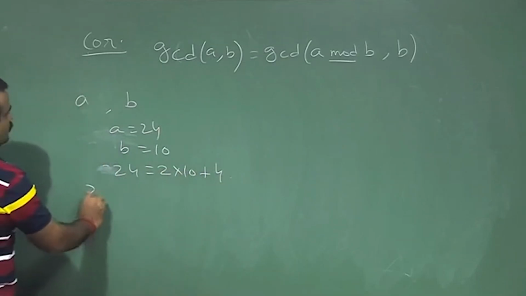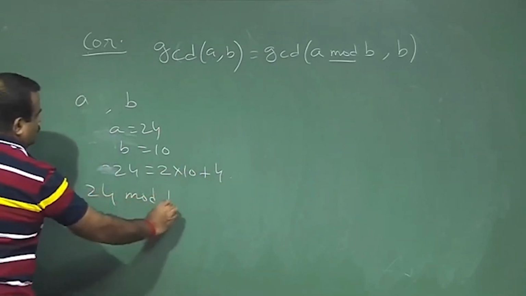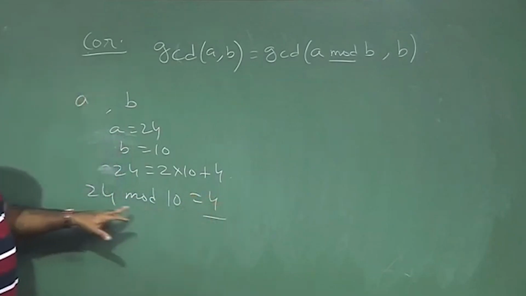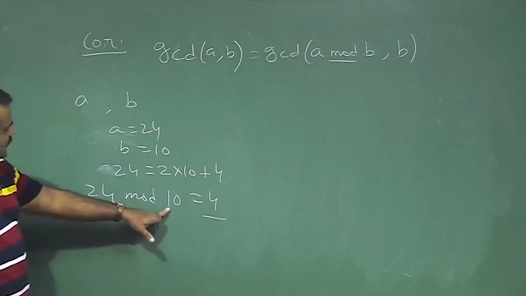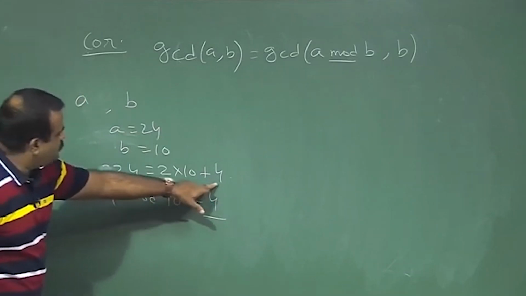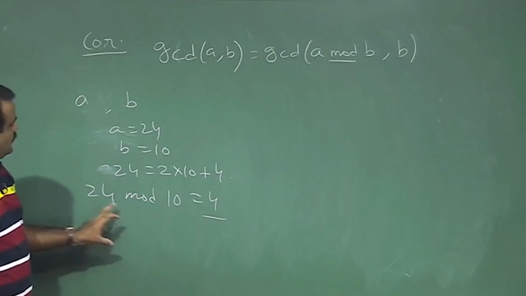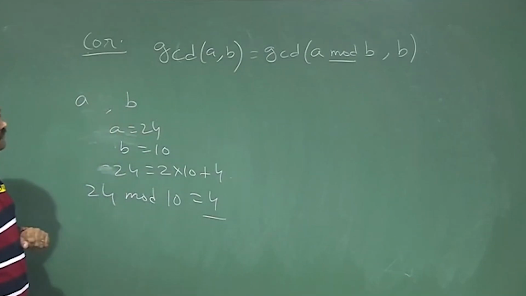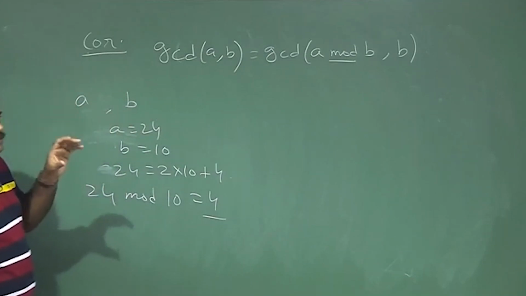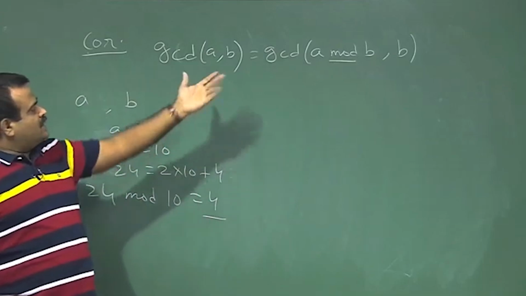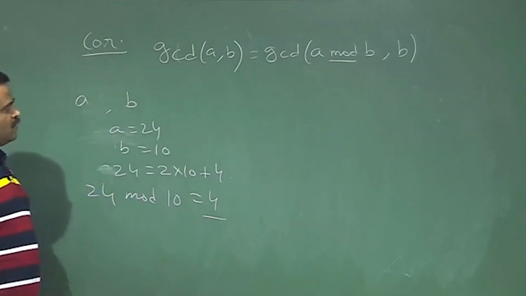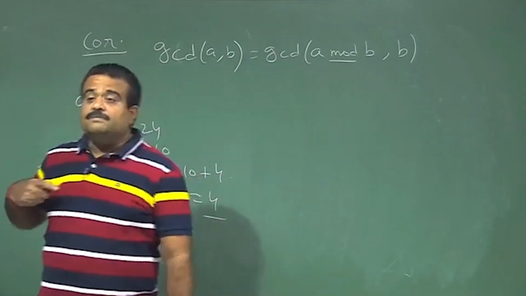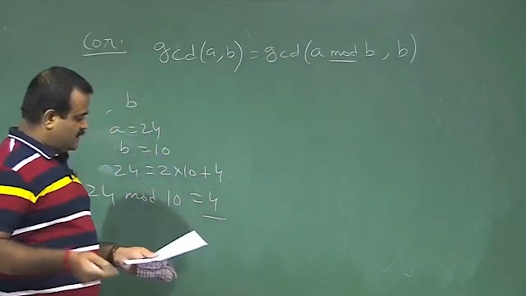So 24 mod 10 is this remainder 4. If we divide A by B, the remainder is denoted by A mod B. We do have modular arithmetic, which we will discuss in the next lecture maybe.